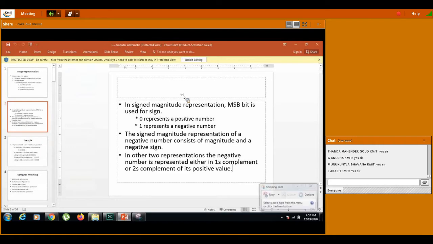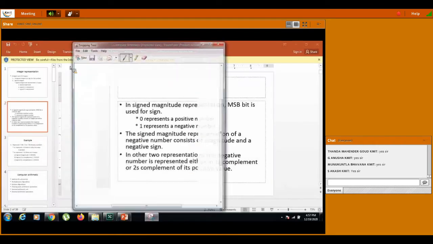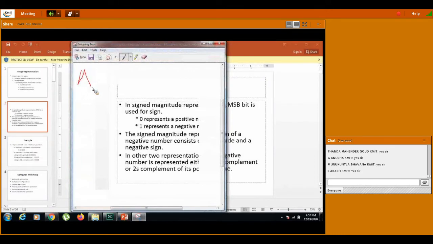See, you cannot say directly that I am going to do a minus b. This is a wrong statement. What you are going to do is a plus minus b. This is correct.